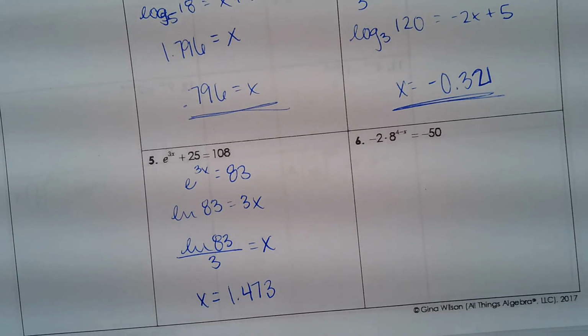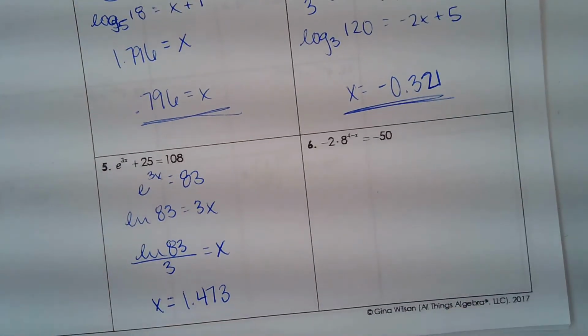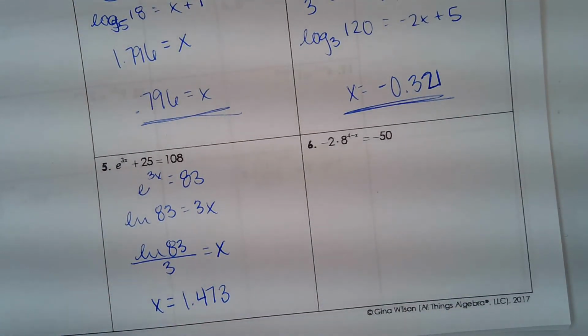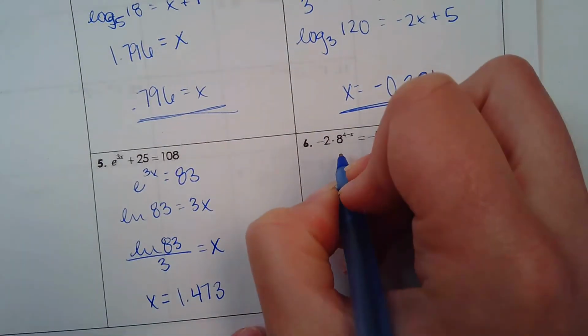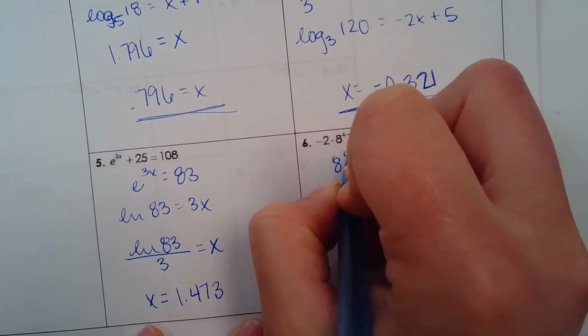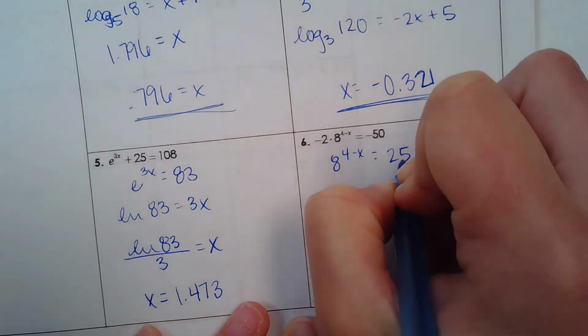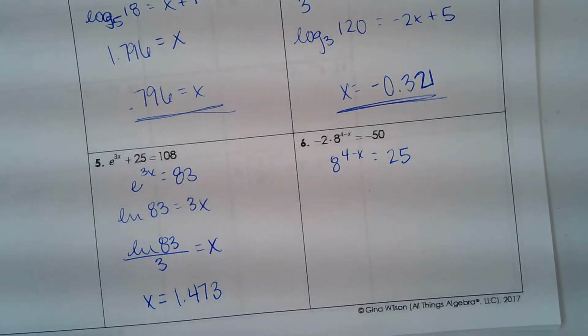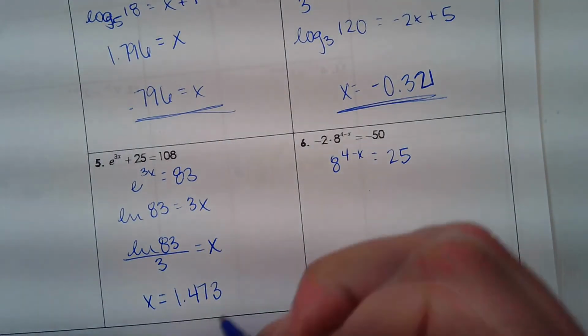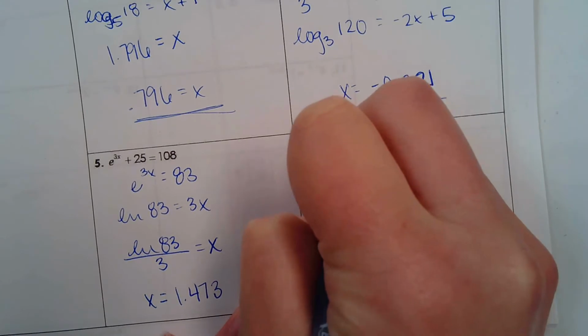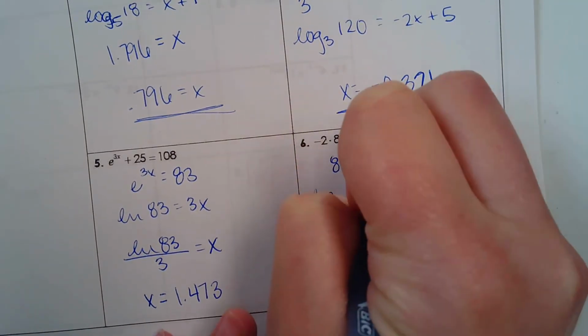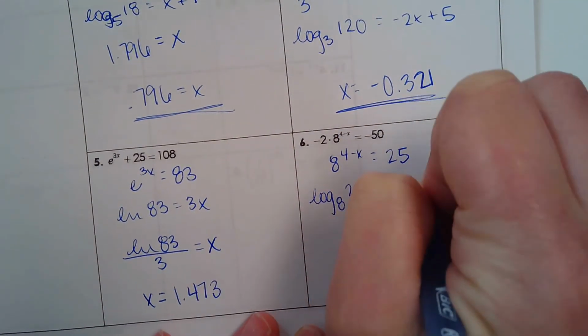Alrighty, looking at number 6. What do we think we need to do first? 6 divided by -2. Yeah, that's what I would do. So we'll take care of that first. We'll divide by -2. So I'll have 8 to the 4 minus x equals 25. And then we can rewrite it with a log. So log base 8 of 25 equals 4 minus x.